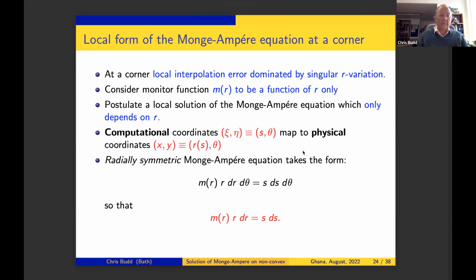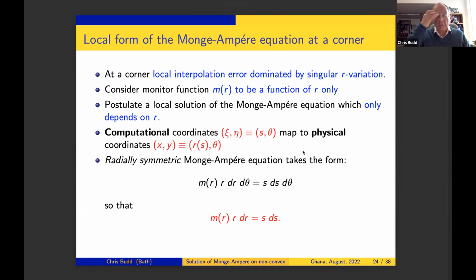The key thing about the singularity of the solution is that it's a singularity in r, the distance from the corner. It's very slowly varying in theta. So we consider a monitor function which is only a function of r and has no theta variation.